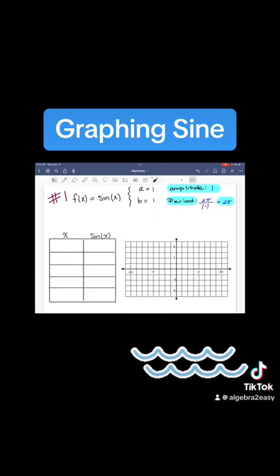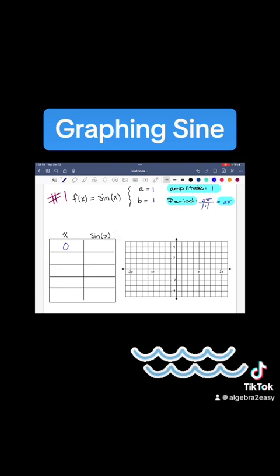Now, you may be asking yourself, how do I know which x values to choose? I have a little tip for you. When making a table, your first x value is going to be 0, okay? So we're going to plug in 0, but you may be asking yourself, what other numbers am I going to plug in? And I just need 4 more values.